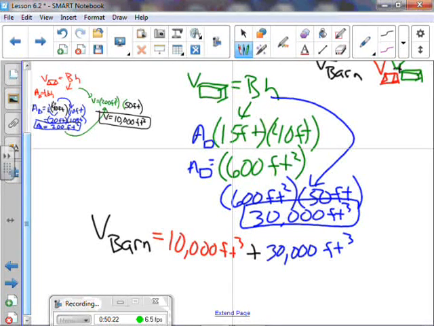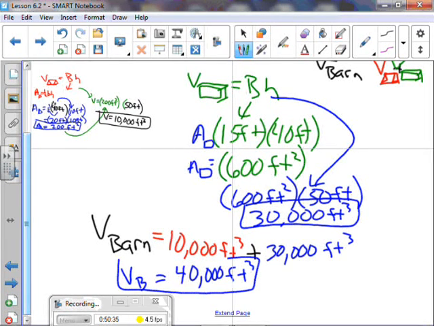Okay? And so my volume of my barn is equal to 10,000 plus 30,000, and they are the same unit, so I can just add them up. I get 40,000 feet cubed. And that is how you do it.